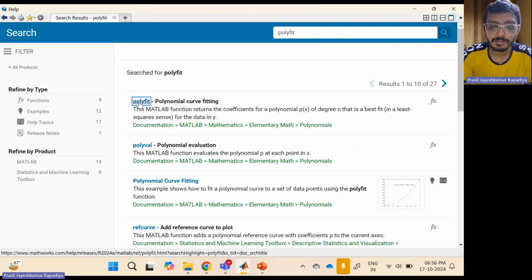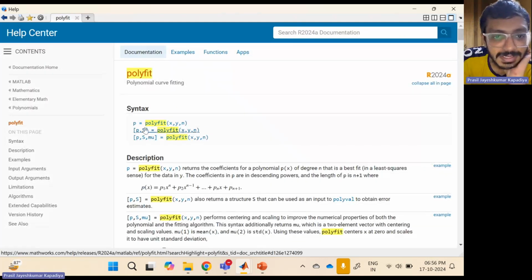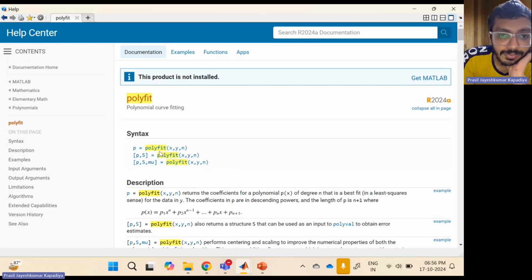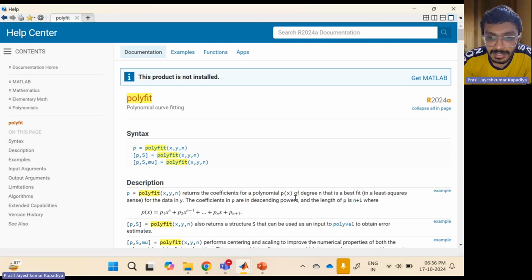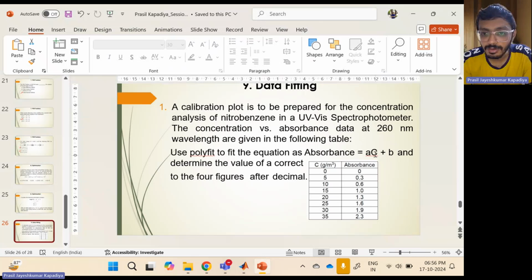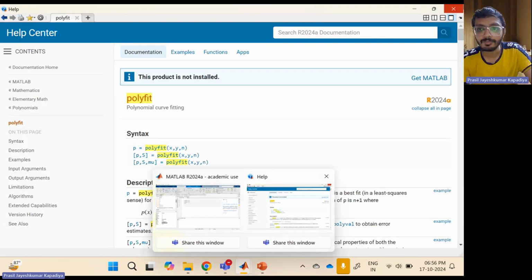So for polyfit, the syntax is P is equal to polyfit of x comma y comma n. So x is on the x-axis, whatever I want to keep. Y is on the y-axis, whatever I want to fit. And n is the degree of the polynomial. So here the degree is 1, c raised to 1, so n is equal to 1. Let's try to solve this.